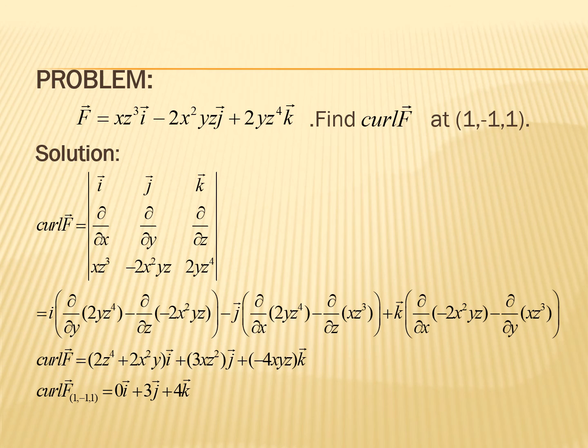So curl F vector I am getting (2z⁴ + 2x²y) i vector plus 3xz² j vector plus (−4xyz) k vector. When I am substituting the x, y, z values in that, I am getting the coefficient of the i vector equal to 0, the coefficient of the j vector equal to 3, and the coefficient of your k vector is 4.